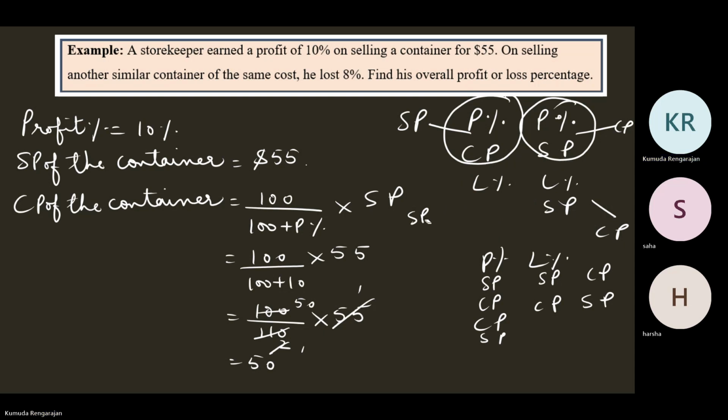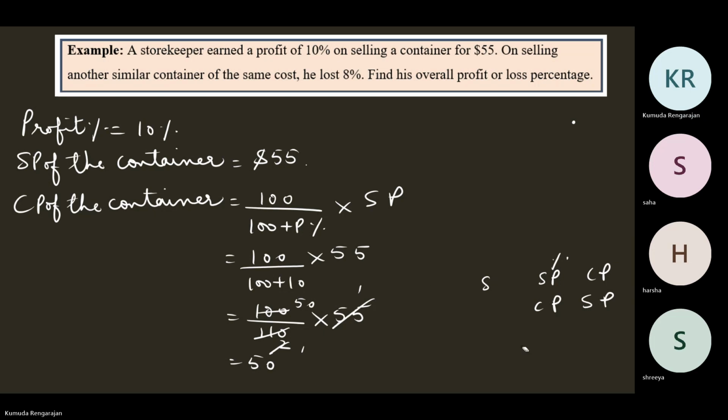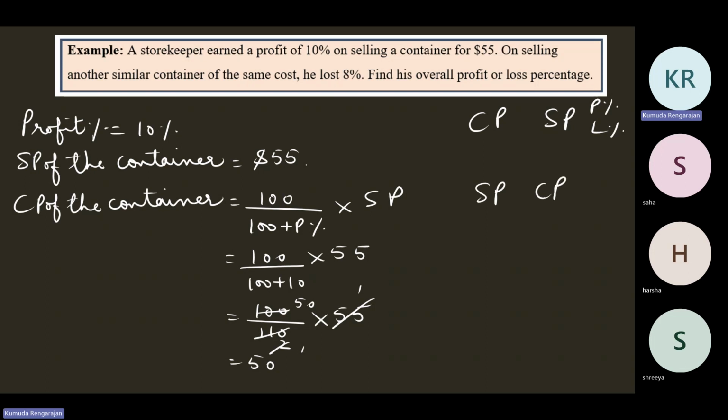In other words, to find SP, you need CP and profit percent or loss percent. Which means to find CP, you need SP and either profit percent or loss percent. To find SP, you need the CP along with profit percent or the loss percent.